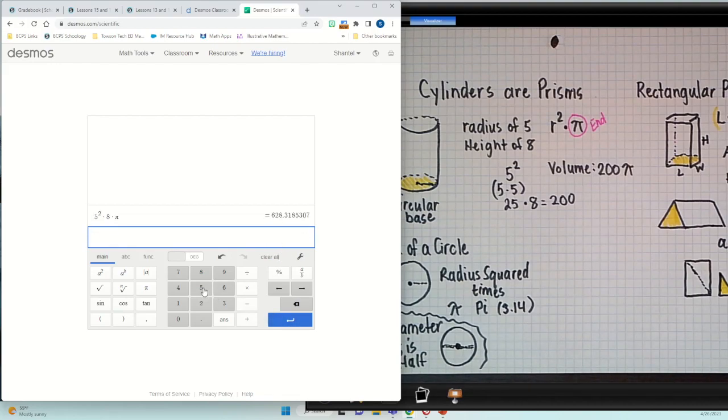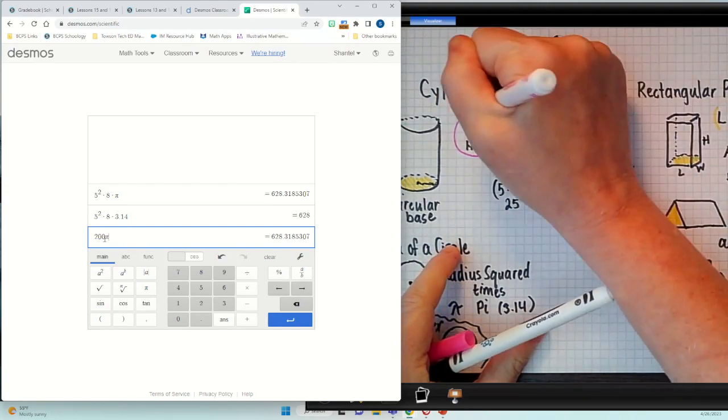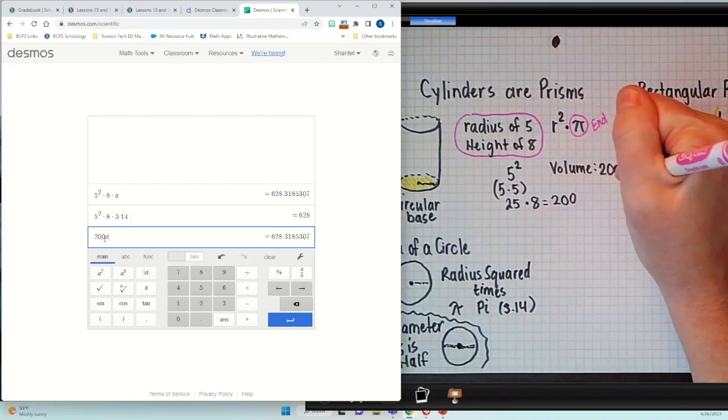I could do 5 to the second power times 8 times 3.14, which is the approximation of pi, and then I get a nice easy whole number. Or I could just say 200 pi, and Desmos will automatically do the math for you. So you can leave it as 200 pi. 200 pi is just multiplying these two and just leaving pi at the end.